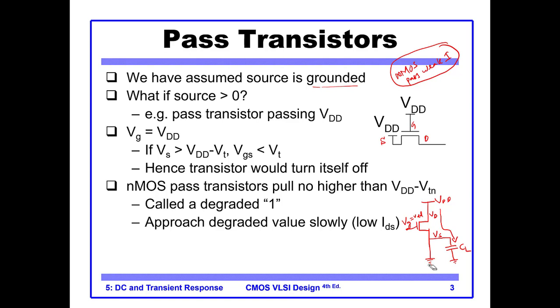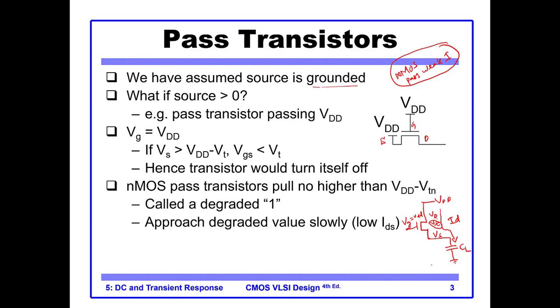So in fact it is something like this. You can say that the capacitor is here, so the current starts flowing. This is our ID and the capacitor starts charging. Now if you remember, there is a threshold voltage VT that the transistor has to overcome in order for it to be turned on.